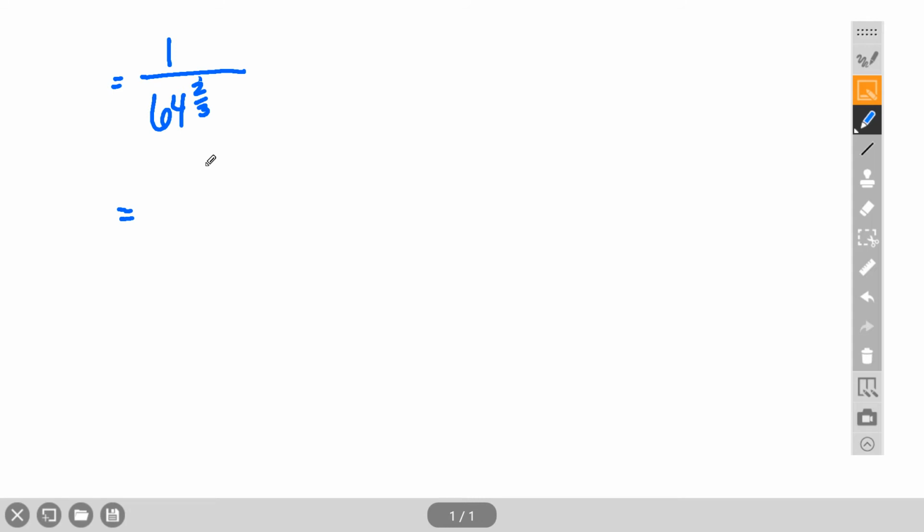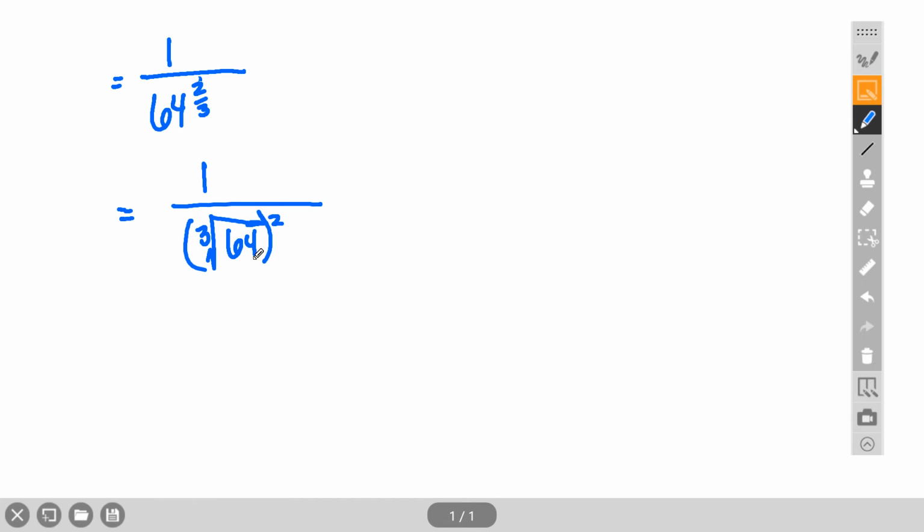To evaluate it, we need to turn it into a radical. The index would be 3, so this is the cube root of 64. And when we're evaluating it, we don't want to put the square on the inside. We actually want to do the square afterwards, so we're going to put it on the outside.